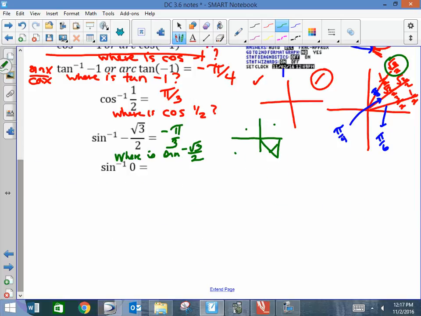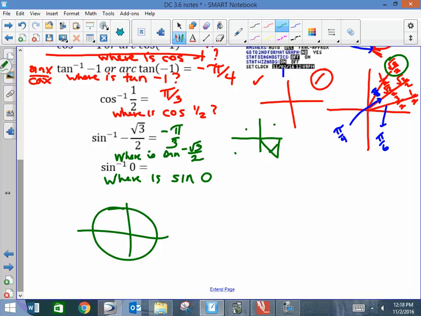Okay, so inverse sine of 0. Where is the sine 0? I'm thinking we're back over here now. Where's the sine 0? Remember, sine is here or here, but we're not positive. So where's the sine 0? At 0, that's right.